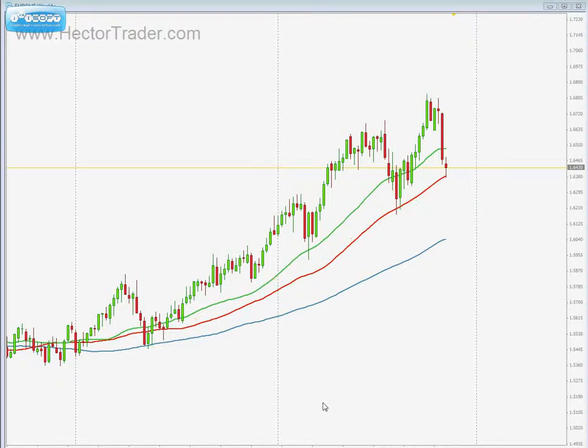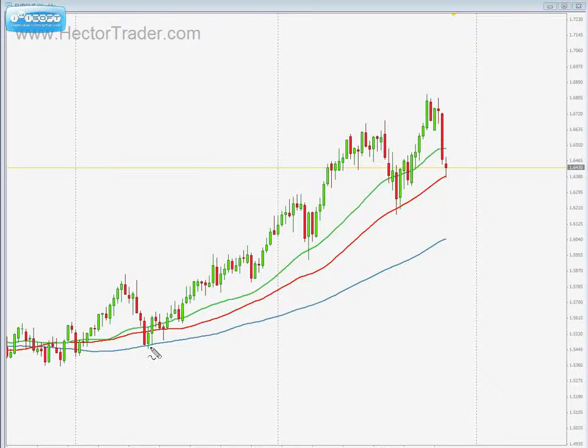Not only that, but we also have the moving averages pointing up, parallel to each other. Okay, price nowhere near the 100, and we are bouncing very nicely off the dynamic area of support in the weekly chart.